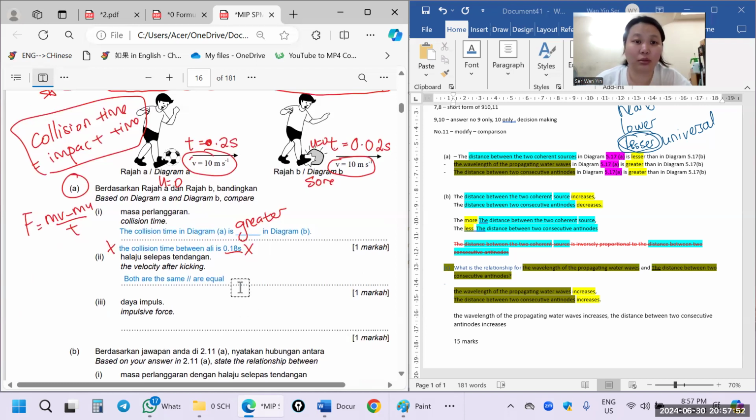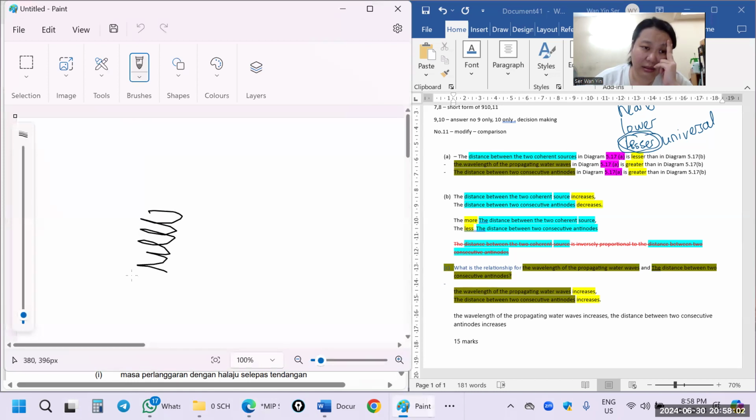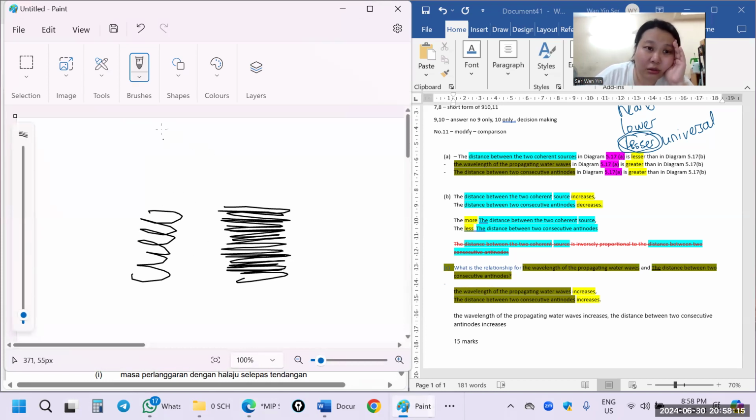When do we use equal? I cannot remember another example. This is electromagnetism.